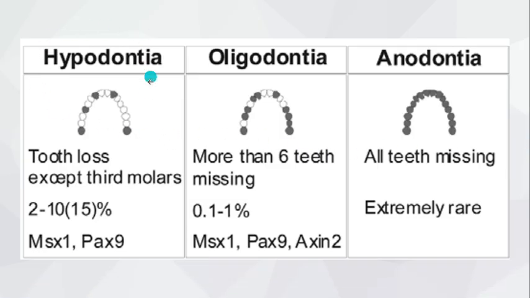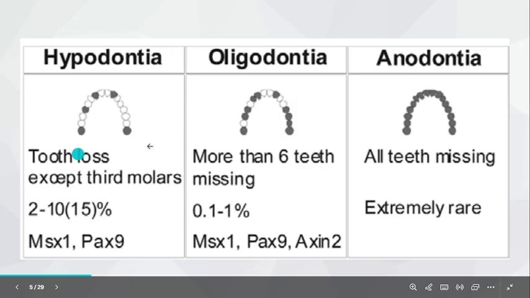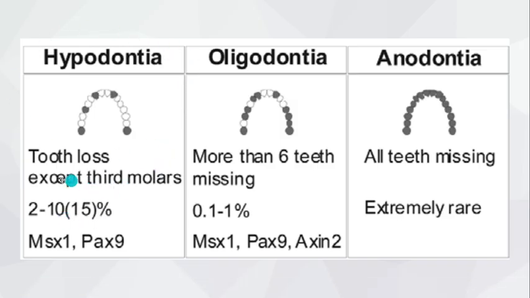Oligodontia falls under tooth agenesis, a developmental defect in the number of teeth. Hypodontia, oligodontia, and anodontia all fall under tooth agenesis. We call a case hypodontia when fewer than 6 teeth are missing, excluding third molars. In oligodontia, more than 6 teeth are missing, and in anodontia, all teeth are missing, which is extremely rare. So let's move on.